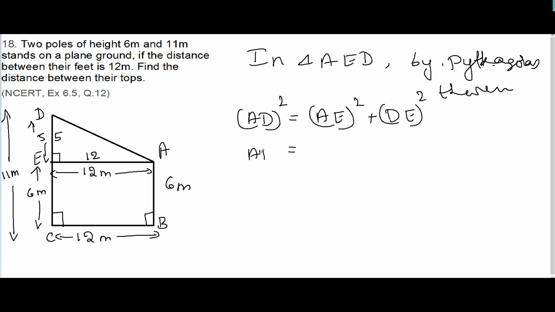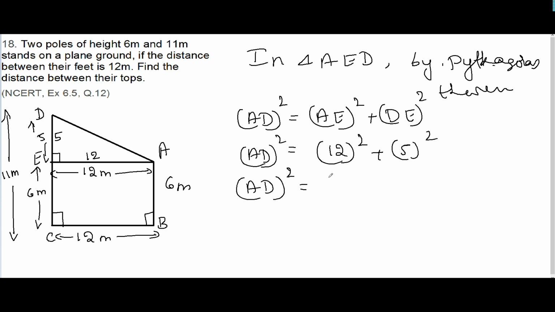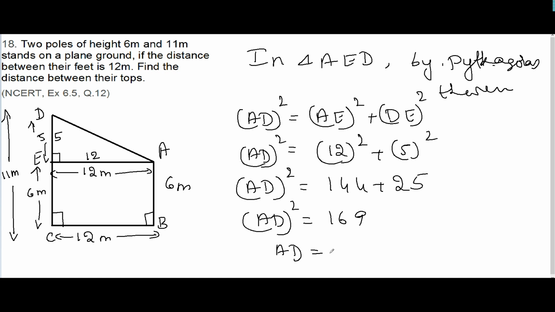Now we know all the values here. AE is 12 square plus 5 square. So AD square is 144 plus 25. So AD square is 169. AD is square root of 169, which is 13 meter.